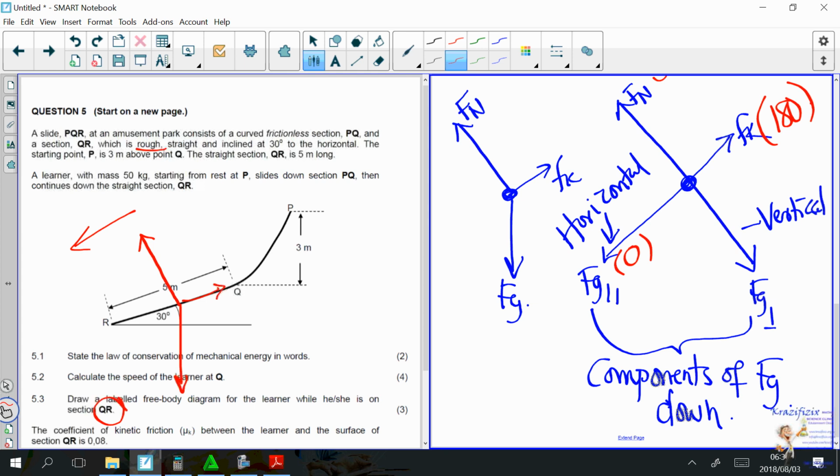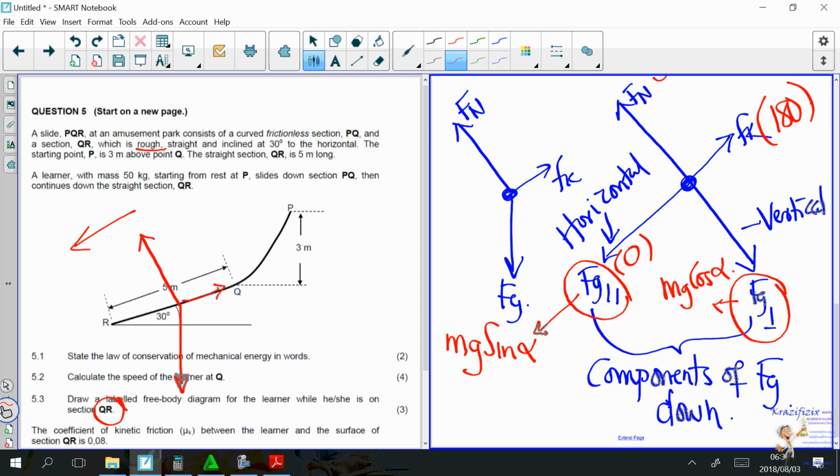Finally here, please write down the formula of this thing here. These formulas are not on the formula page. We expect every learner to know it. This is mg sine alpha. I'm using alpha. I'll tell you why I'm using alpha. Theta has been a bone of contention, and to my understanding, I think it is wrong. Here is mg cos alpha.